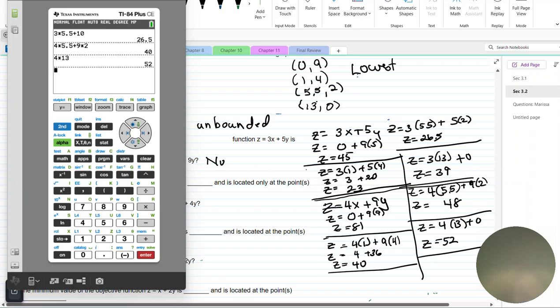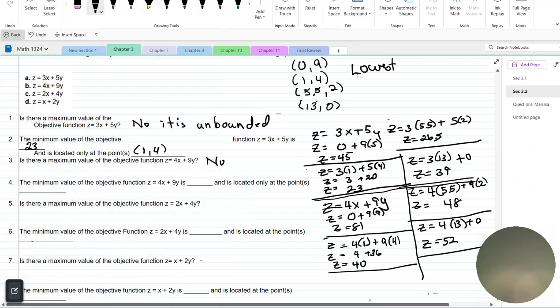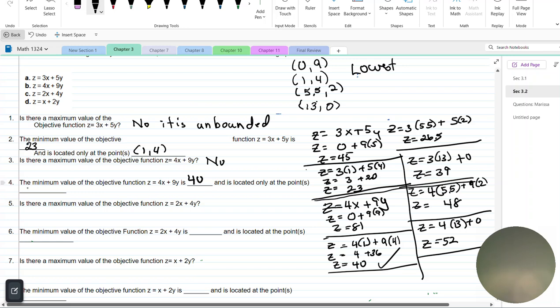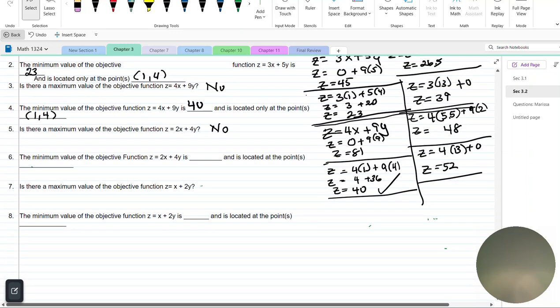All right, now we know we don't have a max because it goes to infinity, unbounded, but we do have a minimum. And the lowest between these four right here looks like 40. And it's located at the point (1, 4). And of course, there is no maximum. It's unbounded.